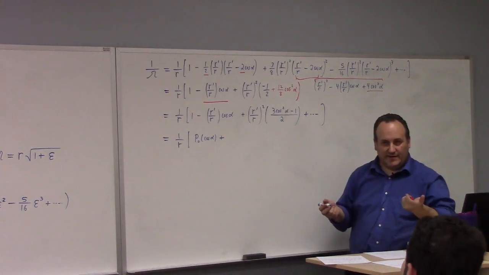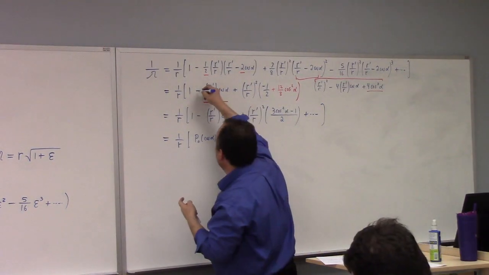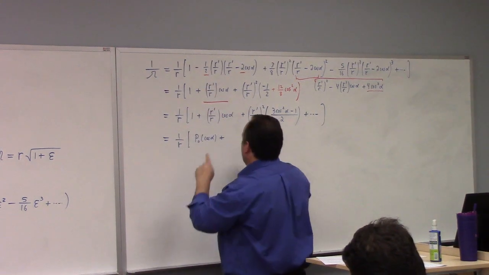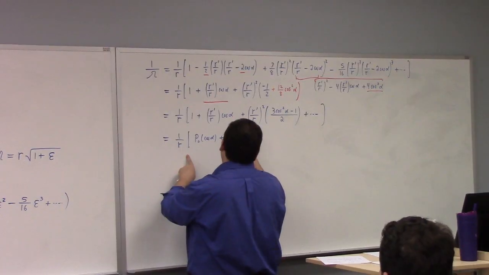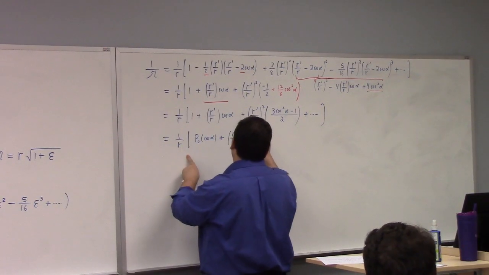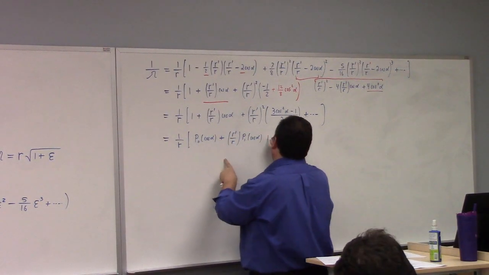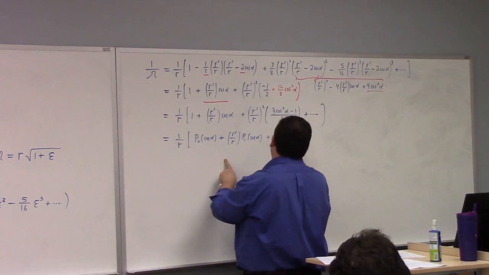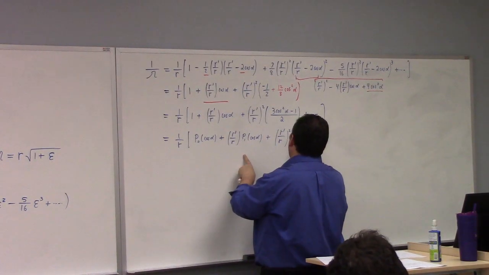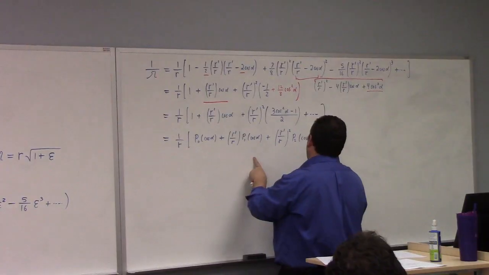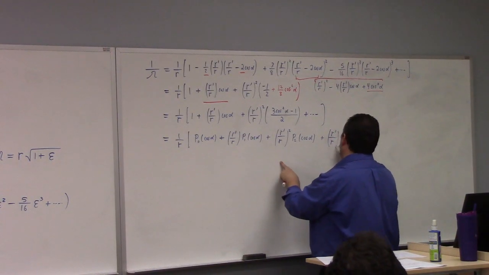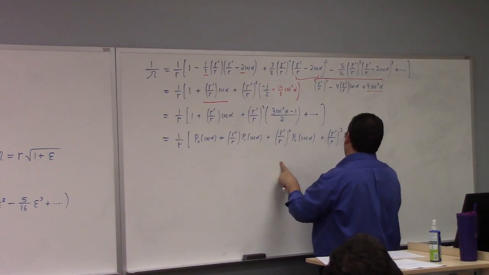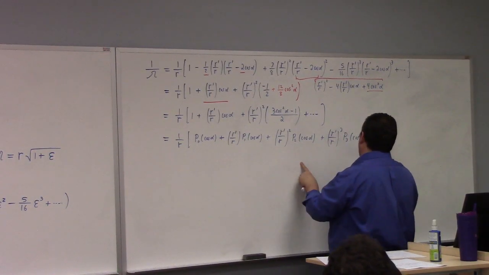I said it, but then I wrote minus. But this is decidedly a plus, okay? So plus r prime over r, P1 of cos alpha, plus r prime squared over r cubed, P2 of cos alpha. And if we had actually worked out the next one, we would have gotten r prime cubed over r to the fourth, P3 of cosine alpha, and so forth.